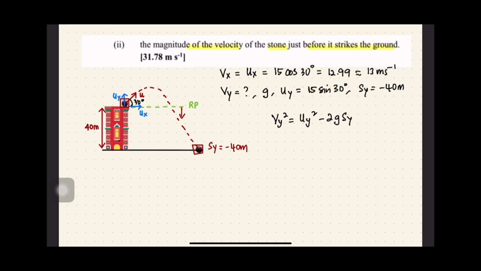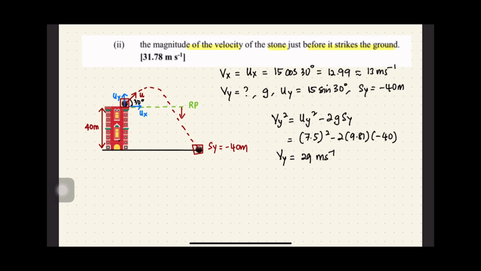So gantikan Uy is equal to 15 sin 30 power of 2, means 7.5 power of 2, minus 2 times 9.81 times negative 40. Yang ini saya dah ganti siap-siap, saya dah tekan 15 sin 30 dapat 7.5. So you akan dapat Vy is equal to 29 meter per second.